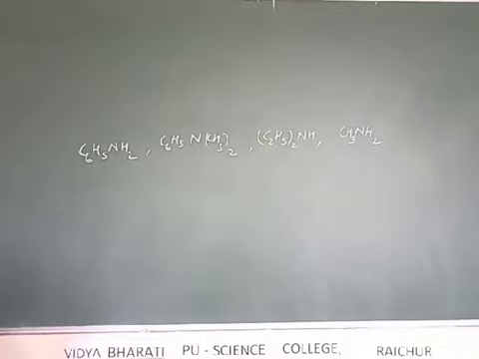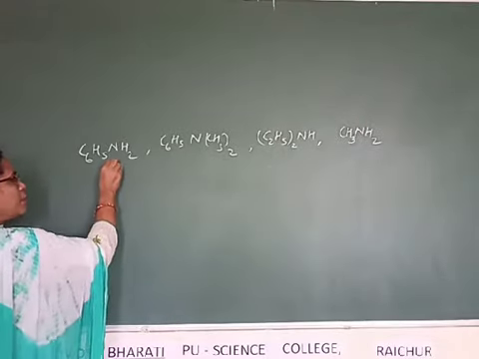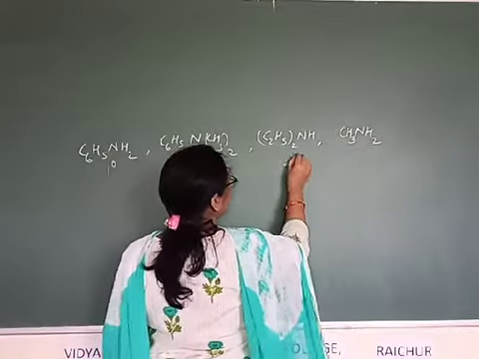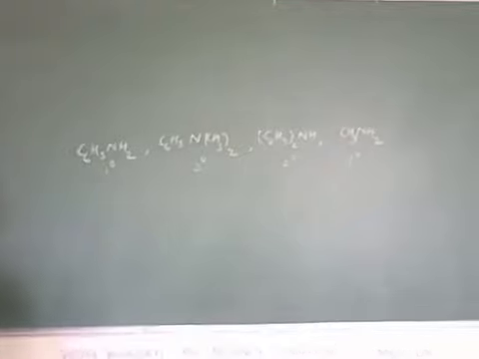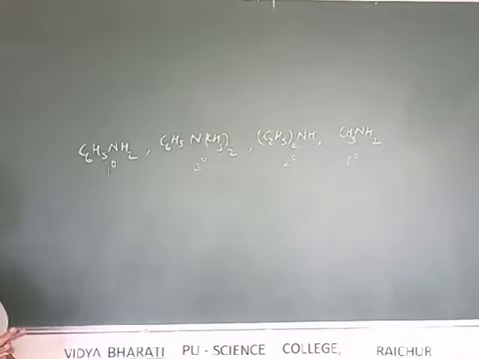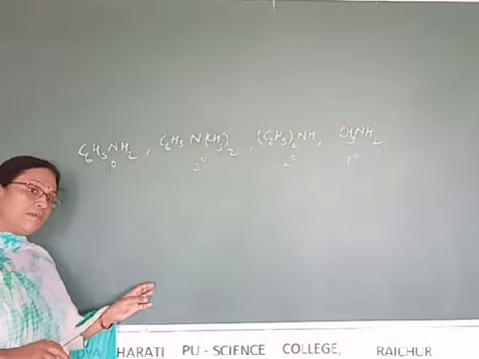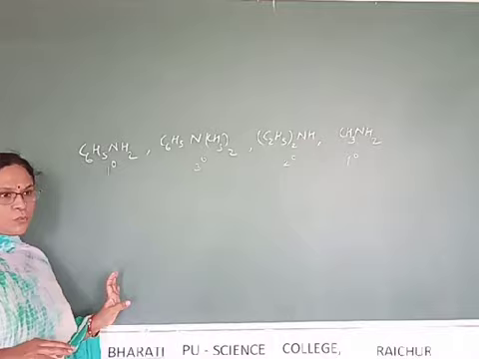See here, this is primary, this is tertiary, this is secondary, and this is again primary. You know that if nothing is given, it is not specified whether it is gaseous phase or aqueous solution, you consider it as the gaseous phase only.